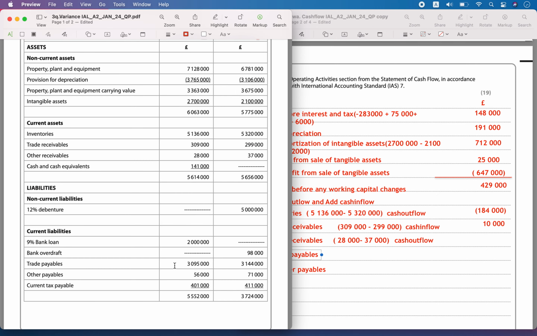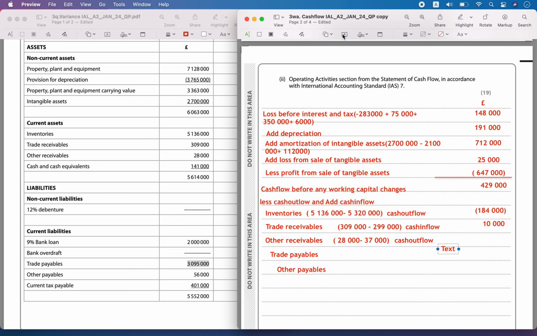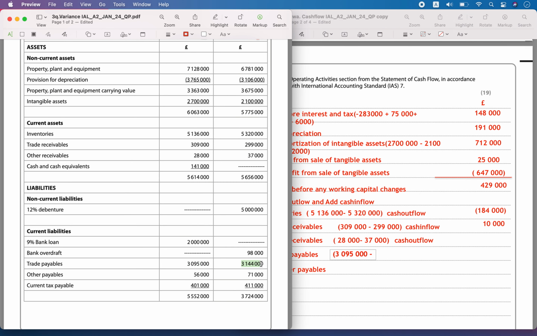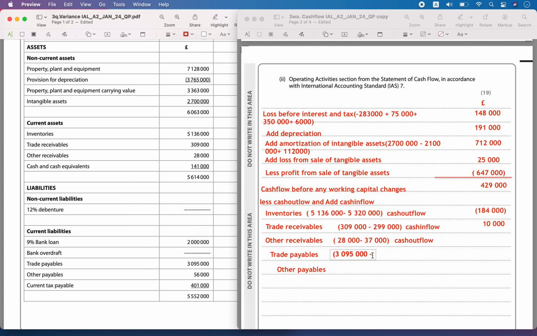Trade payables: 3,095,000 minus 3,114,000. Here there is an increase in trade payables. This is a cash inflow that has happened into the business.